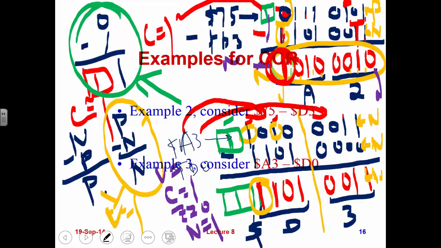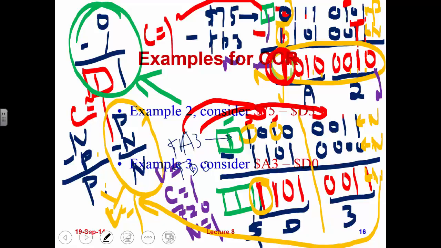So that sounds right. Also, if you compare with our algorithm here, we see only 2 cases when we do subtraction that will make V 1. One is when we subtract a positive number from a negative number and get a positive result, which is not the case for our problem.